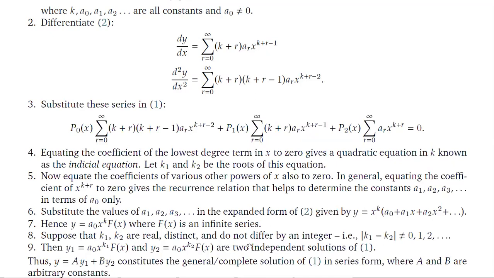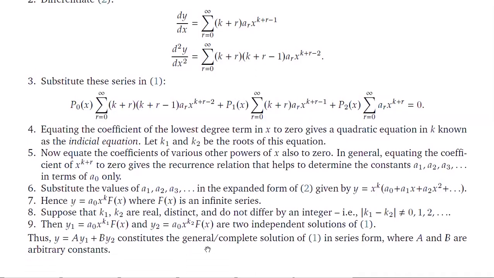By taking one value of k, say k1, we can get one independent solution, y1 = a0 x^(k1) F(x). Take the other value of k, which is k2. The solution can also be written in the form y2 = a0 x^(k2) F(x). So instead of having one solution, we get two different solutions because of k1 and k2.